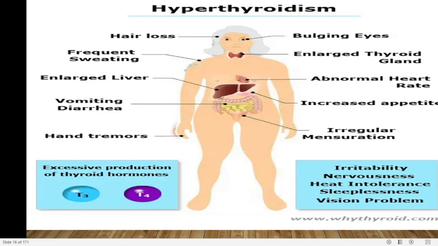This patient has hair loss, bulging eyes, a large thyroid gland, abnormal heart rate, increased appetite, irregular menses. We have hand tremors, vomiting and diarrhea, enlarged liver, frequent sweating, and finally hair loss.